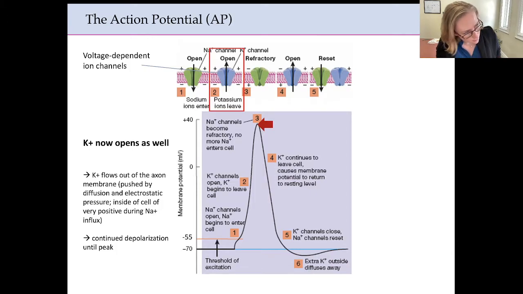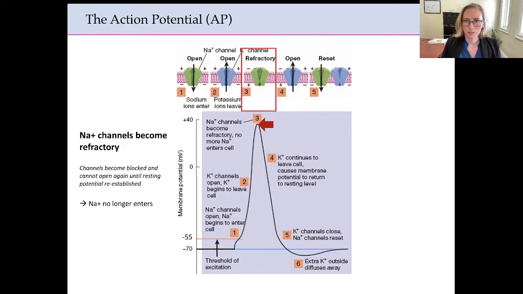This is basically the max membrane potential for an action potential. So once plus 40 is reached, something very significant happens. Those sodium channels all of a sudden close and stay closed until we reach resting membrane potential again. So they will not open no matter what until the voltage comes back down.